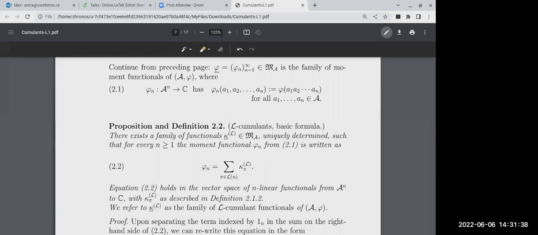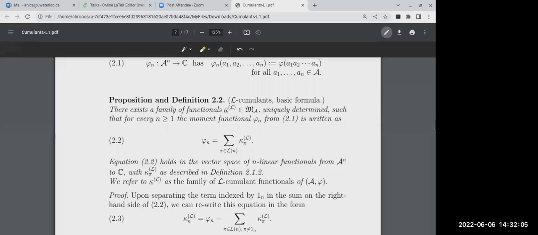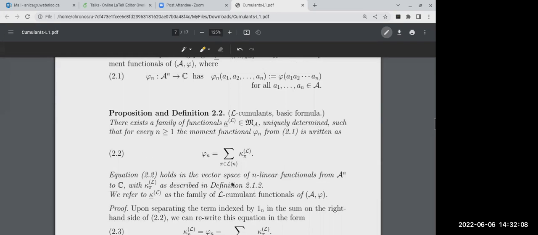Here is then the definition of L cumulant. Remember that I am fixing in this section the lattice L of n and the space (A, phi). There is a collection K^L, having K^L_n's and K^L_pi's, such that every phi n, every moment functional, is written as a sum over cumulant functionals with index pi, with pi running in my lattice of choice, L of n.